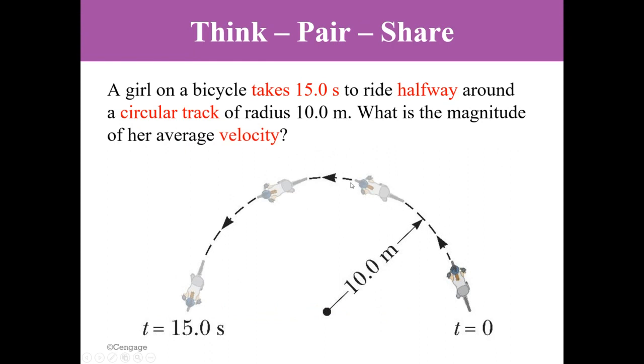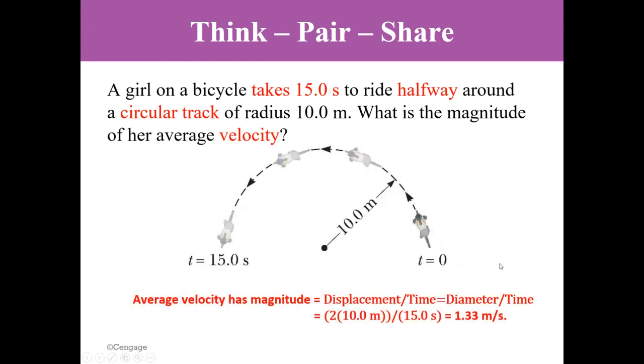For the displacement, you need the original and the final position, right? So this would be the displacement vector, this diagonal. So for the average velocity, displacement divided by time. Displacement is the diameter that connects the original and the final points. The diameter is 10 multiplied by 2, it's 20, divided by 15, so it is 1.33 meters per second.